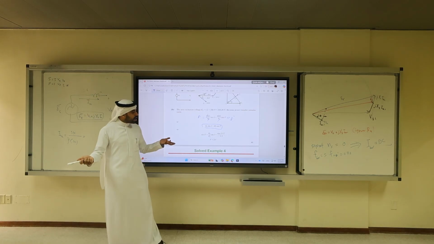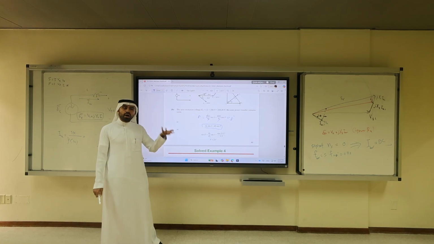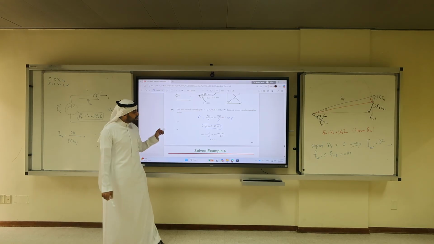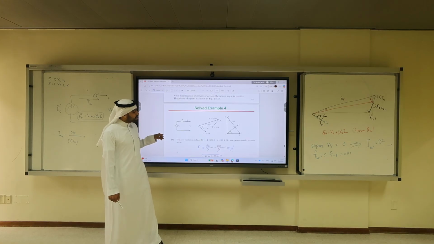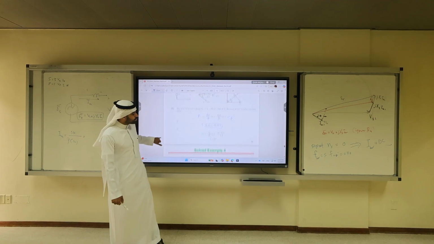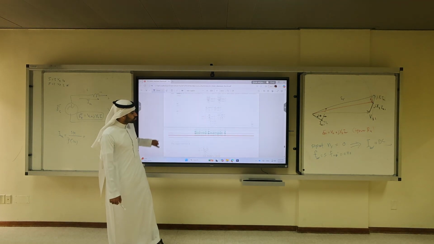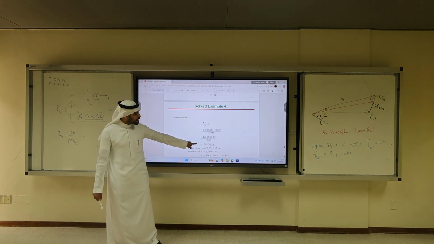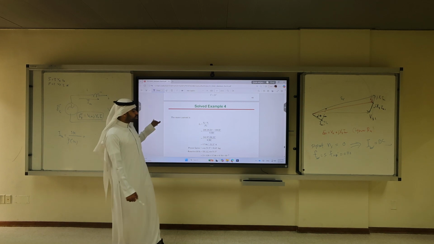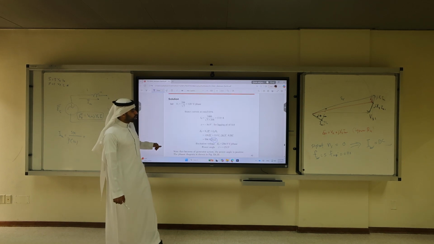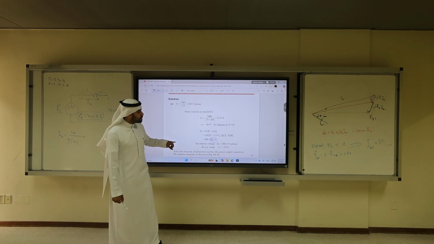Why would it drop by 4 degrees? Because now I increase the excitation voltage. If I increase the excitation voltage, the current will be 17.86 compared to the current that was 13.